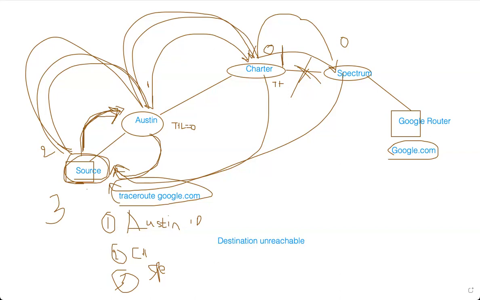I mean, best path. Whichever is closer to the destination. Well, closer meaning what? How does the router know which one will be the closer? I'm sorry, I don't know. That's fine.